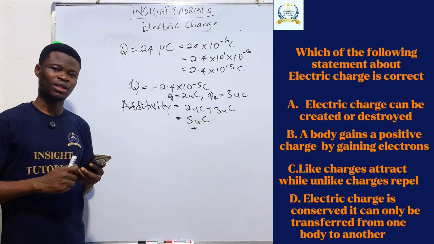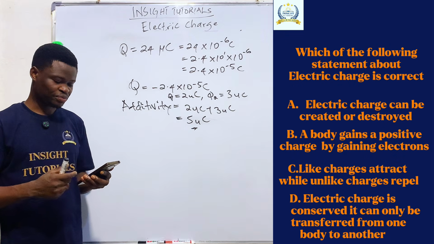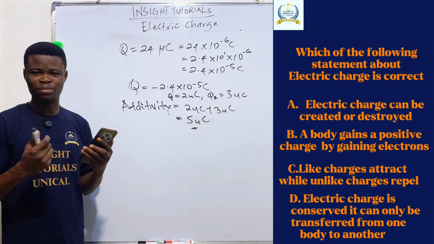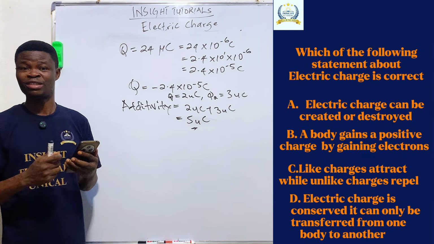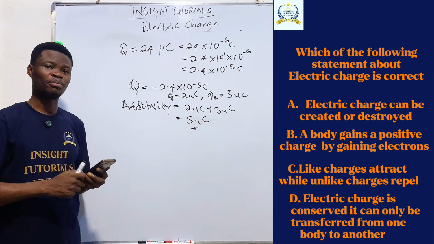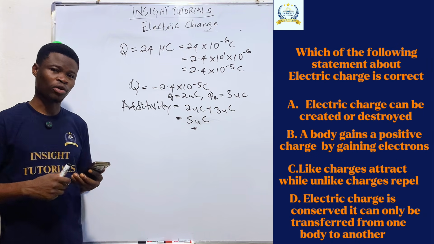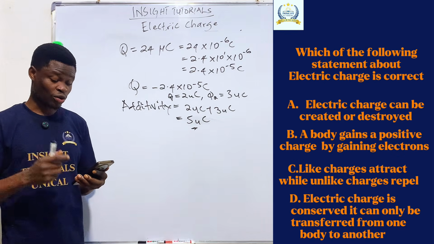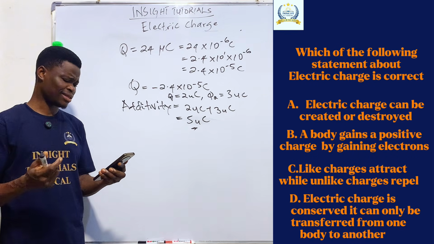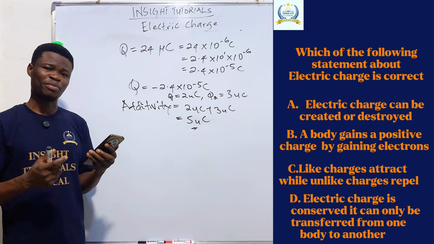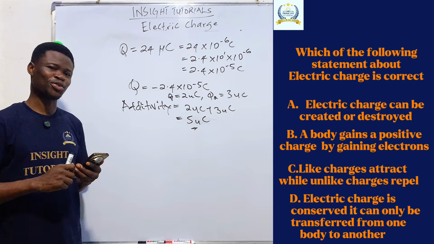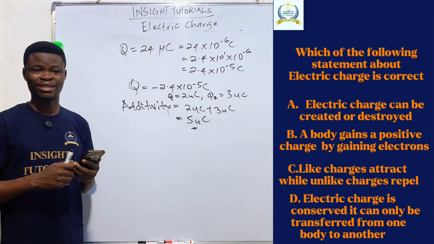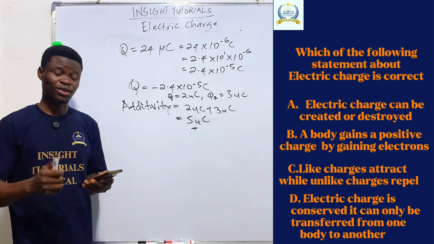No, if a body gains electrons, it becomes more electronegative, meaning it becomes negatively charged. But if it gives out electrons, it becomes positively charged. So option B contradicts it, and it is not correct. Option C says like charges attract while unlike charges repel. It's opposite to the law of electrostatics. You all know that like charges repel, and unlike charges attract. So that makes option D very correct.